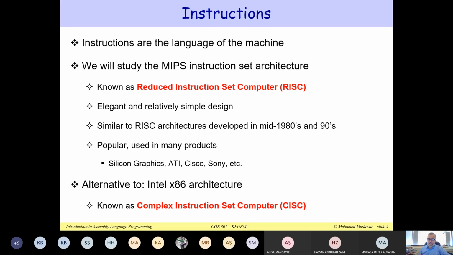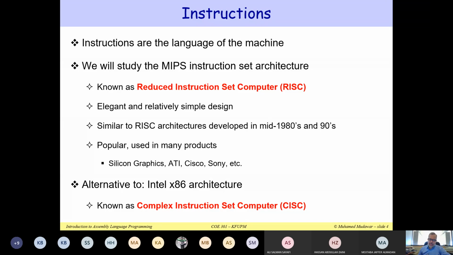MIPS was very popular, especially in the 1990s, on desktop workstations. But today, people use the Intel architecture. So the Intel architecture is very popular on the desktop and personal computers, but the ARM architecture is more popular in, let us say, the cell phones, in some other products, and also is competing with the Intel x86 architecture.